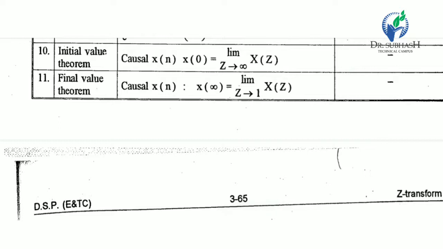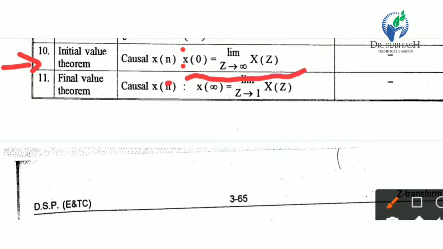The next property is the initial value theorem. For a causal x of n, x of 0 equals limit z tends to infinity X(z). So it is called the initial value theorem.